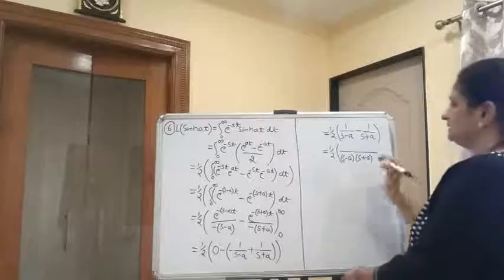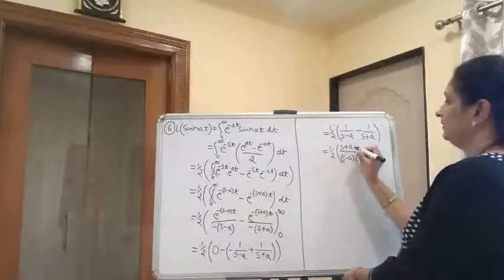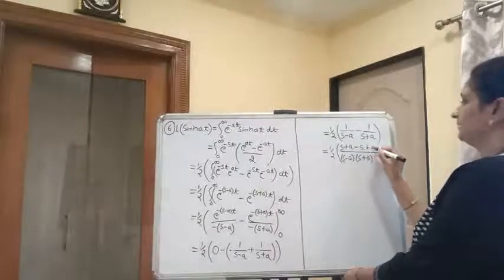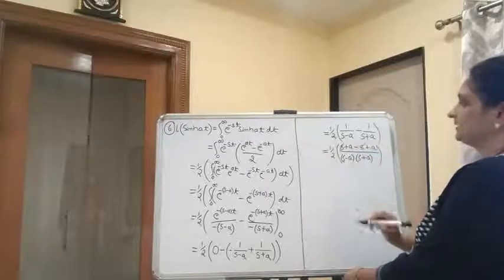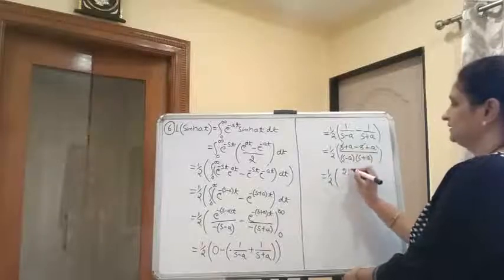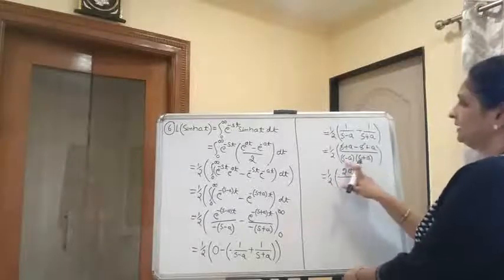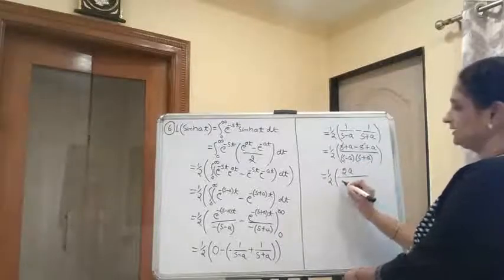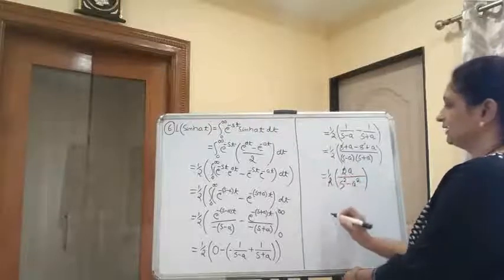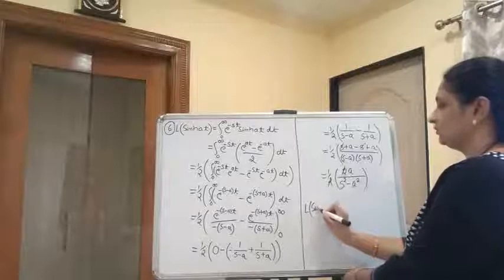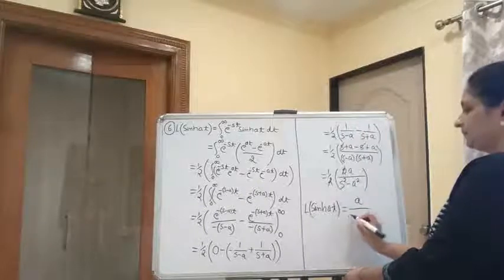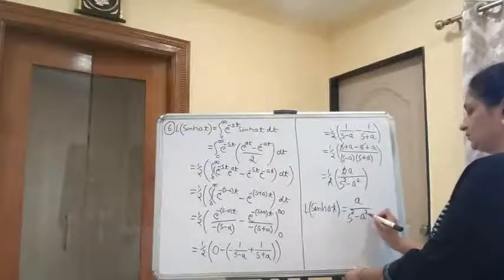And the numerator is s plus a minus of s minus a. That is minus s plus a. So here plus s minus s cancels. So this is 1 by 2 times a plus a, that is 2a, divided by s minus a into s plus a, which is nothing but s square minus a square. So cancel out 2 and 2. So Laplace transform of sine hyperbolic a into t is a by s square minus a square.